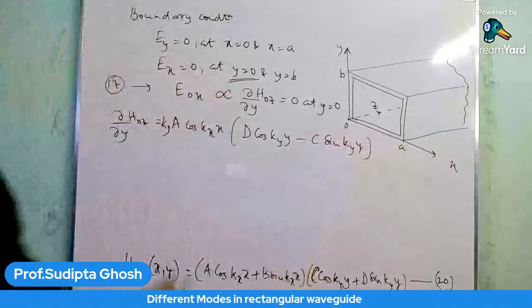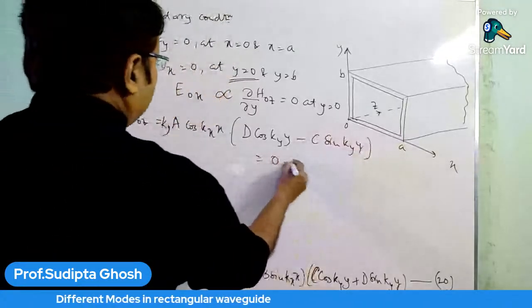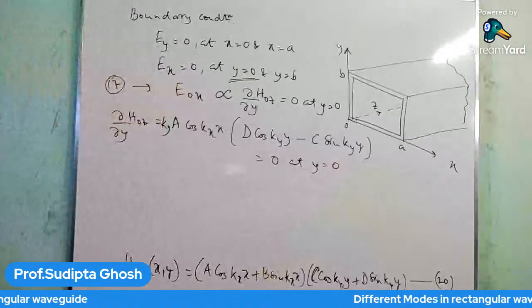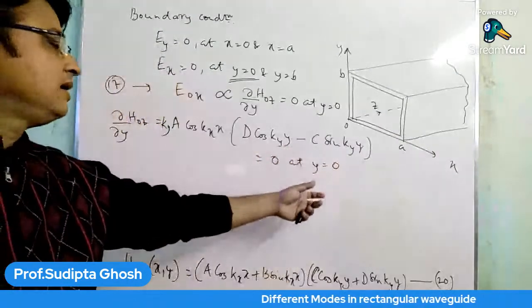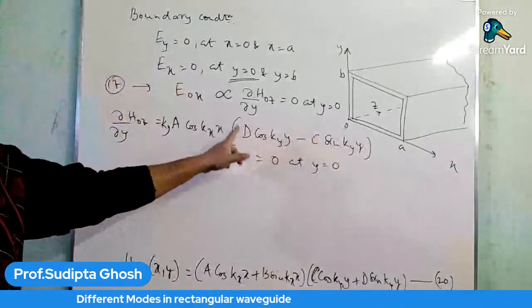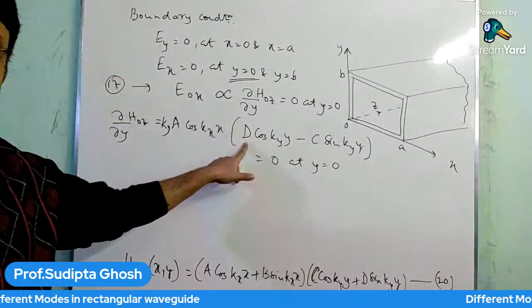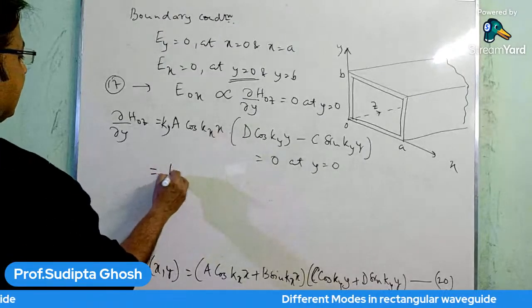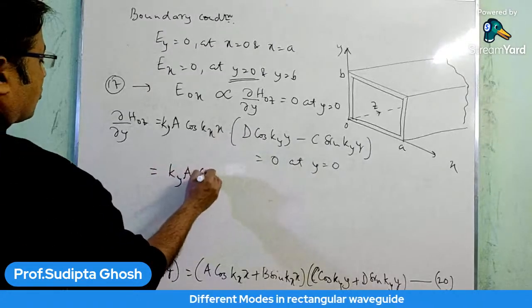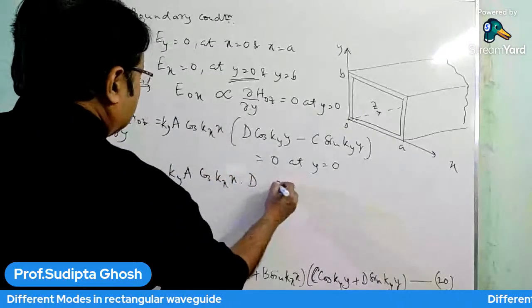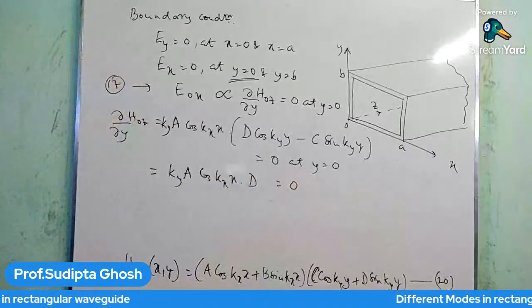Now the value of this is 0 at y equals 0. If we put y equals 0 here, this term vanishes and we are left with only d. So at y equals 0, we have ky a cos kxx into d equals 0, right?